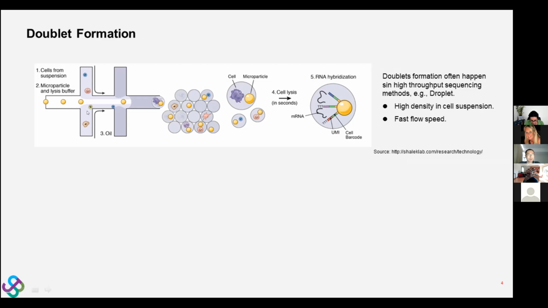When they intersect in the middle, we hope the horizontal flow will form a reaction volume which includes the bead and one single cell. Then we insert labels, say UMI, to this bead, so that we can label each cell inside this reaction volume, so that the following sequencing will give the information at the single-cell level.